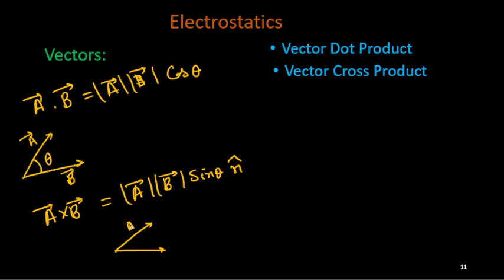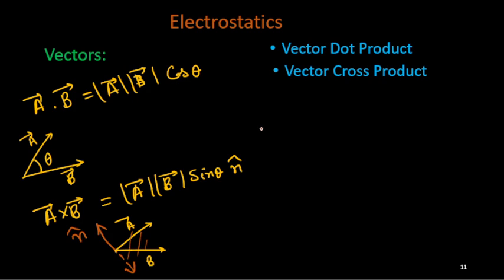If this is a and this is b, and this is the plane, we can have one direction which is perpendicular to both of them. So this is your n vector. It could be in the opposite direction, it could be this side. So we need to consider a cross b with the right hand rule. That will be discussed later. It could be this side as well, but it is perpendicular to this plane.